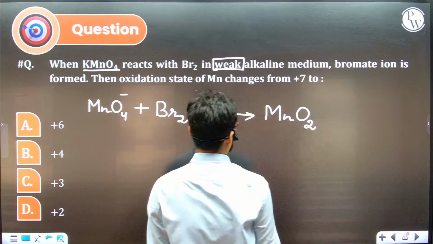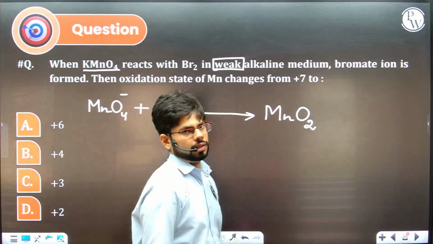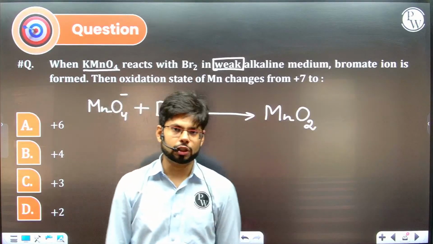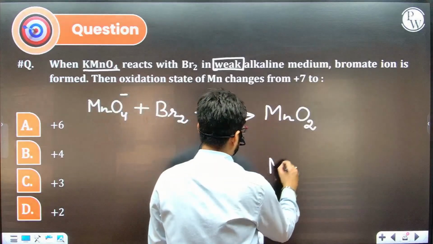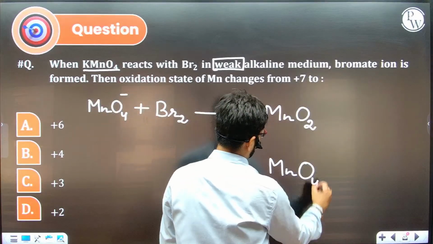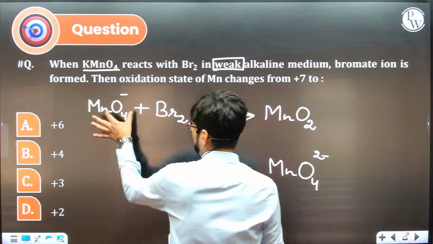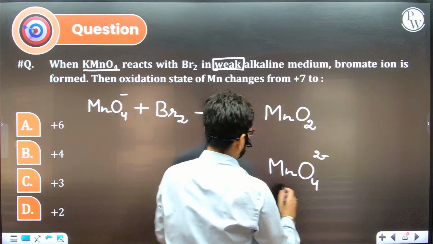MnO2 is formed. And in strongly basic solution, that means if it is extremely basic, then manganate ion is formed. That is MnO4 2 minus. See, this is called permanganate ion, this is called manganate ion.